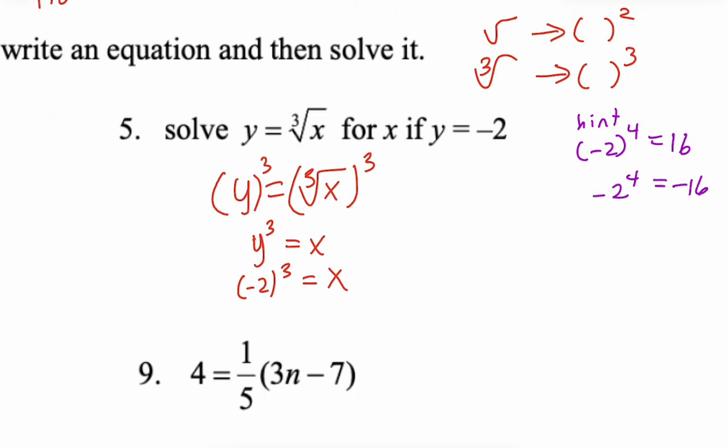Now, this is a cube. A cube of a negative is negative, whether it's sitting outside or inside, because those are 3 things. So our answer for this one is -8.